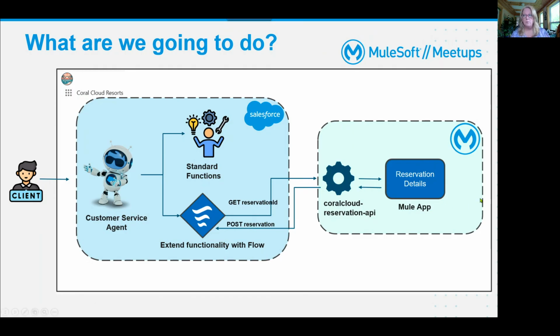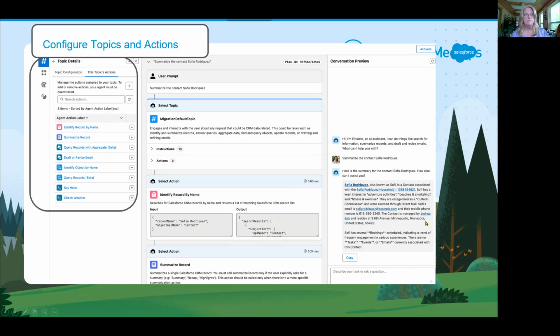In the past, what we've done is we have been able to create our own topic. Okay, so manually we've come in here and we are able to create topics and actions and define in detail what the agent can or can't do based on the guardrails we set.